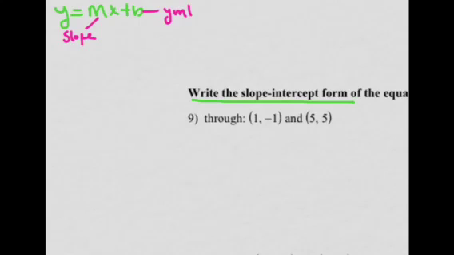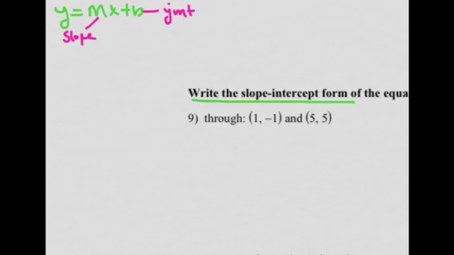Okay, if we look at the next page, we get into writing the equations of lines. And this particular set of problems wants you to write the equation in slope-intercept form. And we're given 2 sets of points. Well, if we recall, slope-intercept form looks like y equals mx plus b, where m is the slope and b is the y-intercept.